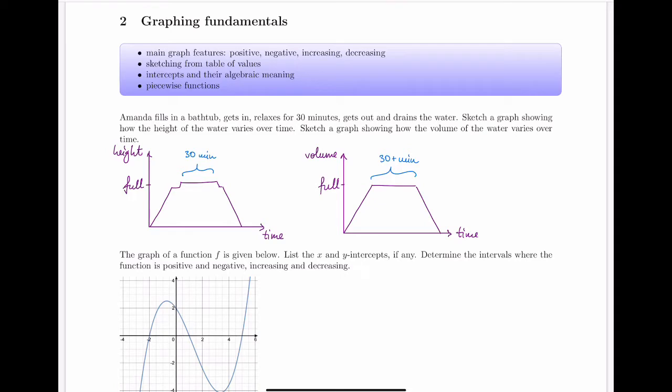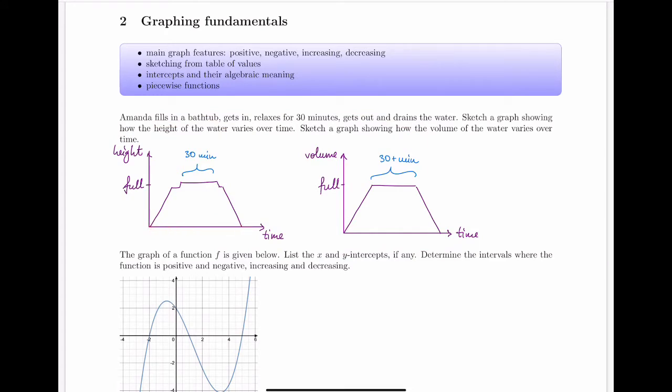Okay, so notice the subtle differences once again in the height and the volume of the water, one having a particular little kink in here and one not. So the constant levels between these two graphs are different depending on the context. Now, the issue with these two graphs is that, for example, notice how I didn't introduce any scales, because we were not actually told enough information to introduce scales.